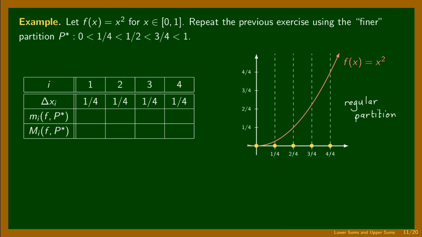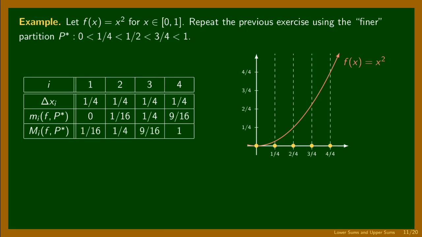Now similarly, in order to get the mi, because our function is increasing on the entire interval from 0 to 1, the little mi or the infimum can be obtained at the left endpoint. So just evaluate f at each left endpoint. These are the values: f of 0 is 0, f of 1/4 is 1/16, f of 1/2 is 1/4, f of 3/4 is 9/16.